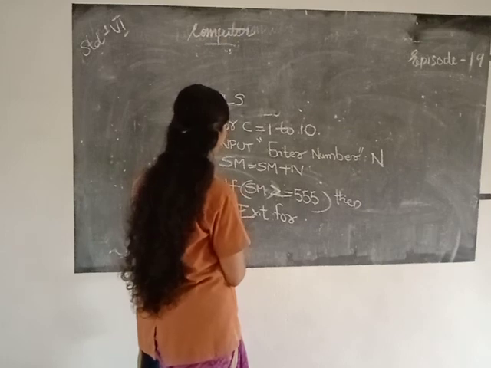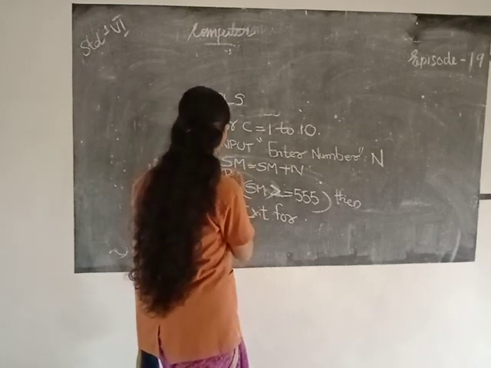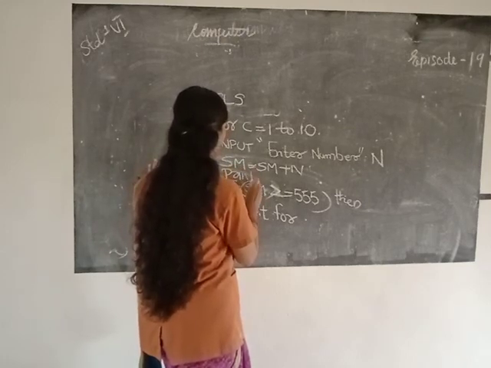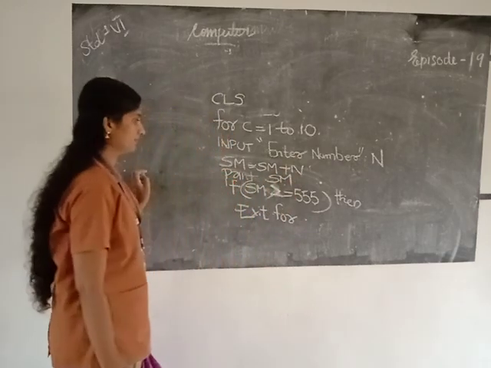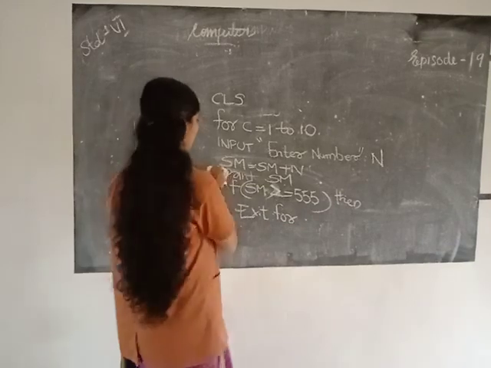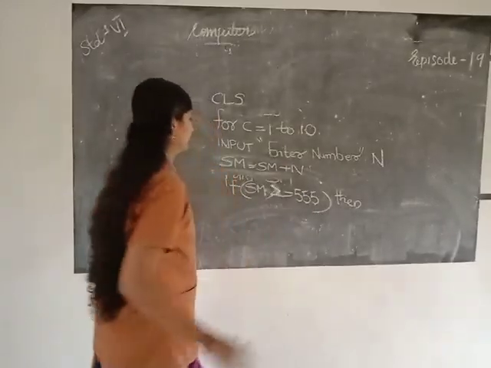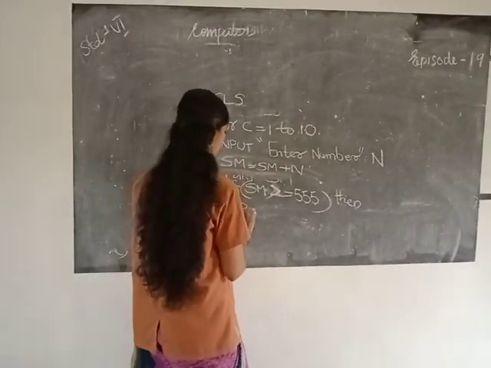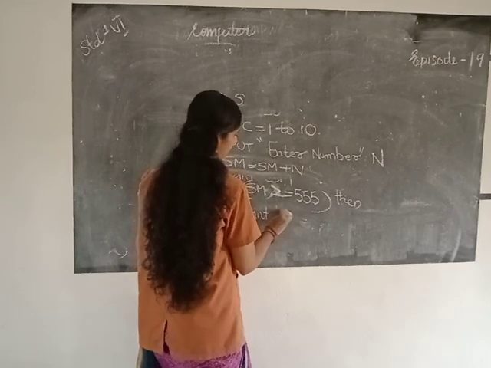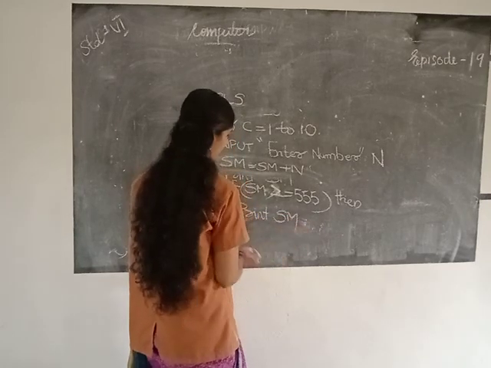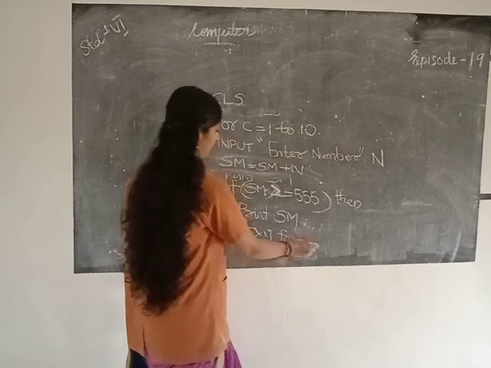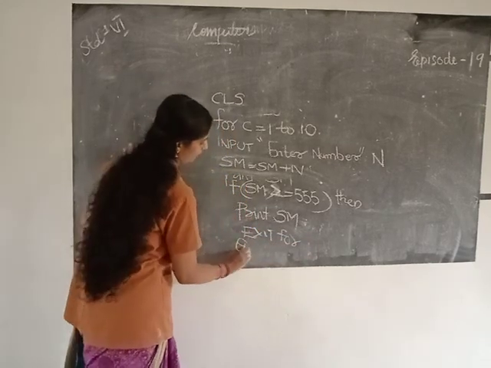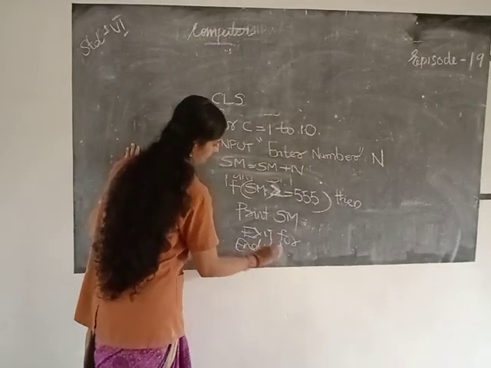One more thing. Here, print sum. Print sum, then exit for. Then end if, end.